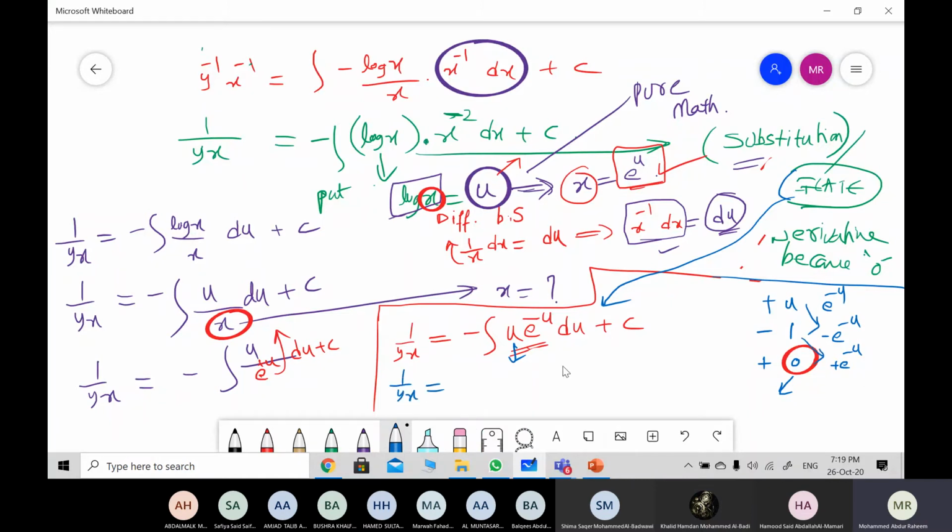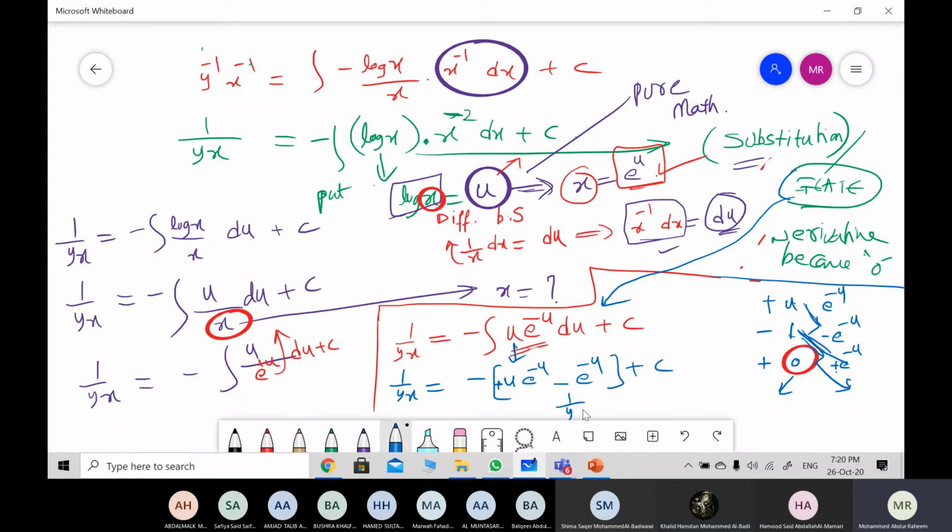One over yx, come on, this how much? u. This minus multiply e power, sorry, plus this multiply minus 1 into this. These two will be minus e power minus u. This is not needed because it is 0, plus c.